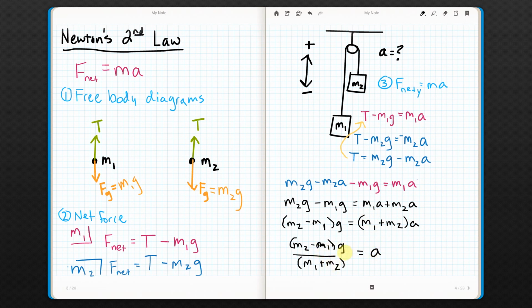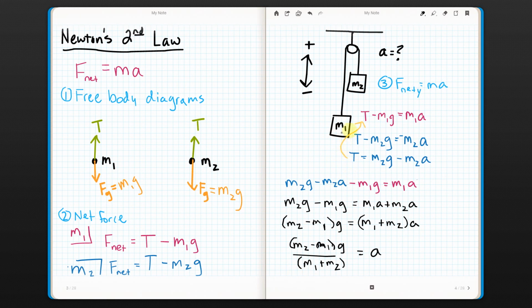Notice, if M1 and M2 are the same, I get a 0 on top right here, and so I get an acceleration of 0. Now that makes sense because I have two things that are the same. They're not really going to pull on each other. They're just going to sit there.